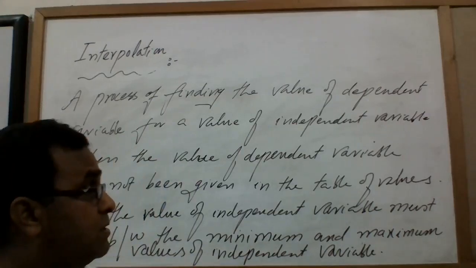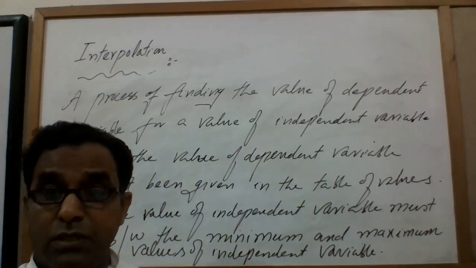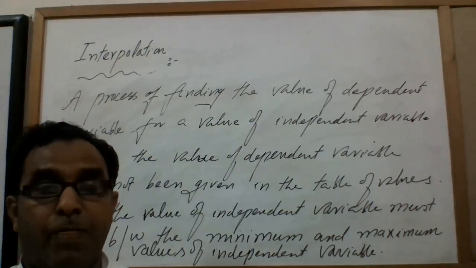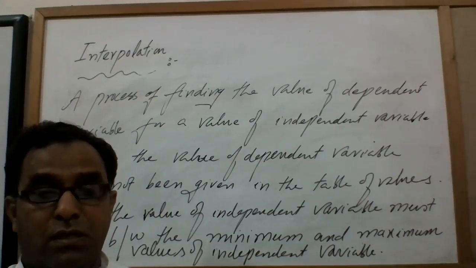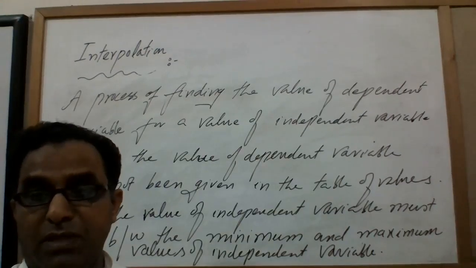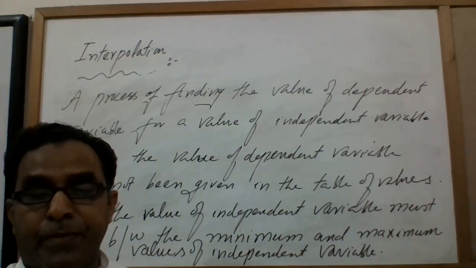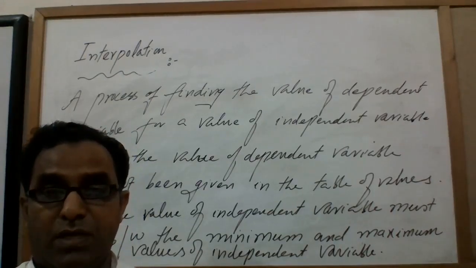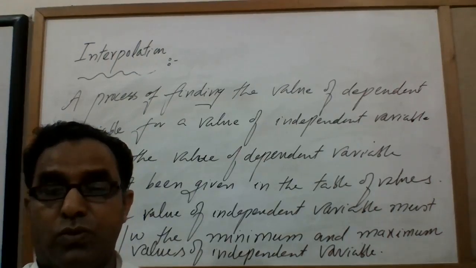If you look at the table in the previous slide, the value of x, which is 2.5, is between the minimum value of x, which is 1, and the maximum value of x, which is 4.